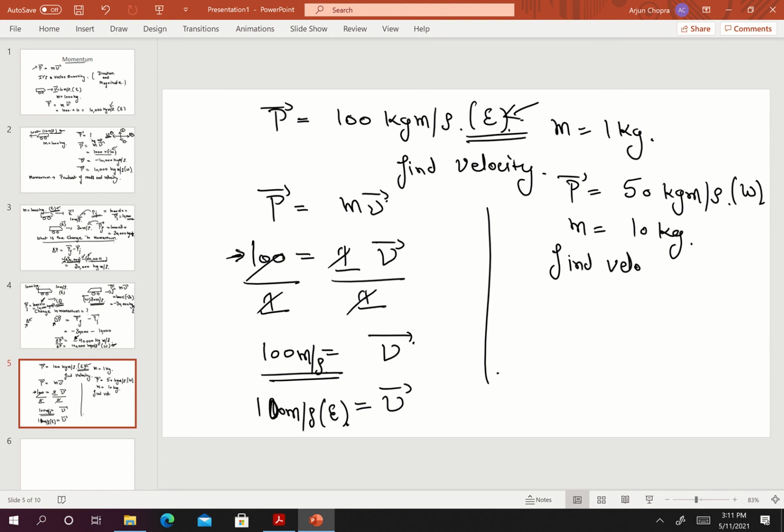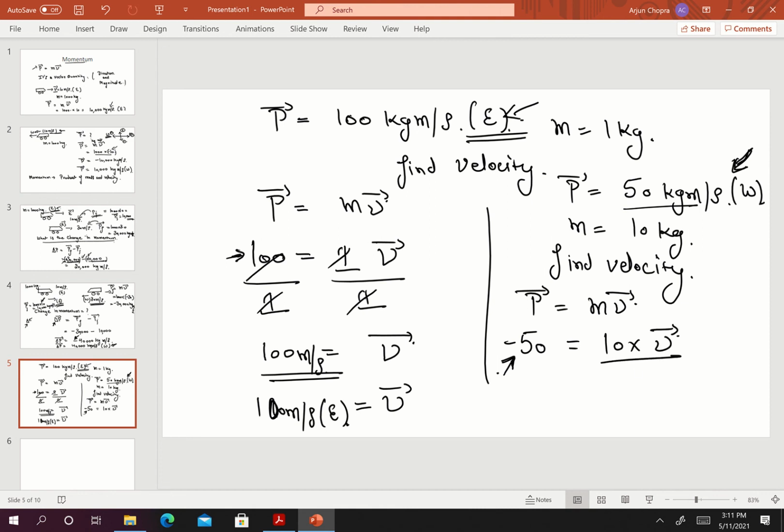So velocity value will be equal to, again I'll write down the formula, momentum equal to mv, and the momentum I can write as negative 50 because it's in the west direction, so that's why I've placed a negative sign here, equal to 10 times velocity, and then dividing both sides by 10, that will lead to the final answer for velocity, which comes out to be negative 5 meters per second, or I can say velocity equal to 5 meters per second in west direction also.